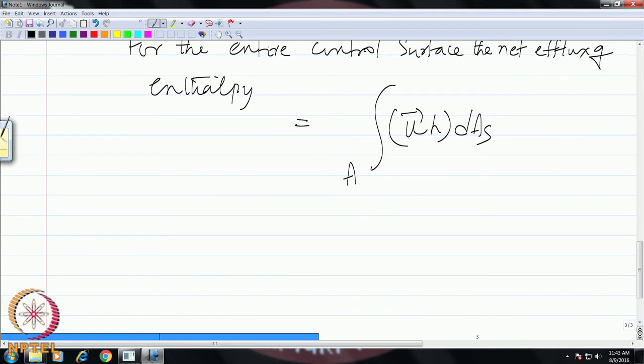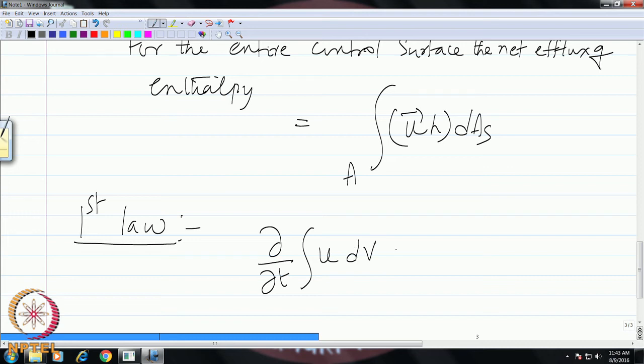So, now the first law will get modified. The first law for the open system should now also include, apart from the terms we had, d by dt of integral u dv, and the heat transfer by conduction, the integral over the entire surface area of k delta T dAs. Apart from this, you also have the heat transport by the transfer of enthalpy.